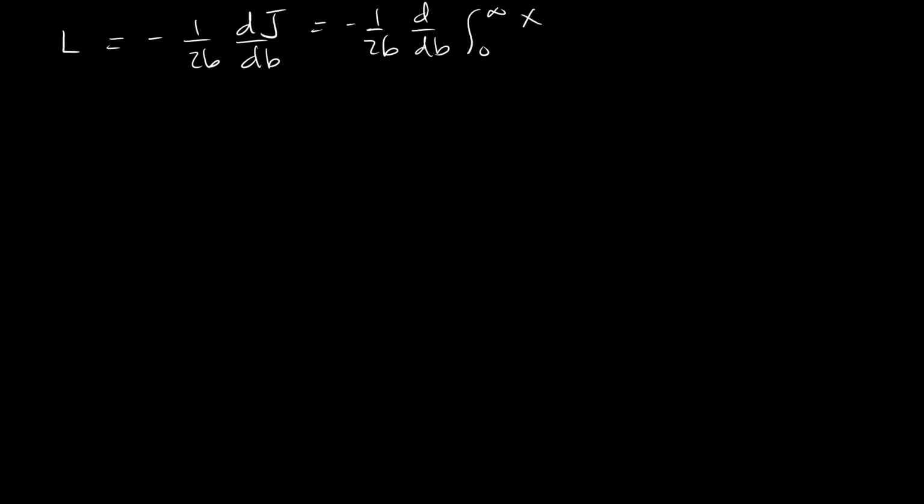And then lastly, we want to look at the L problem, which is going to be negative 1 over 2b times the derivative with respect to b of J, which is negative 1 over 2b times the derivative with respect to b of the integral from 0 to infinity of x sine ax over b squared plus x squared.